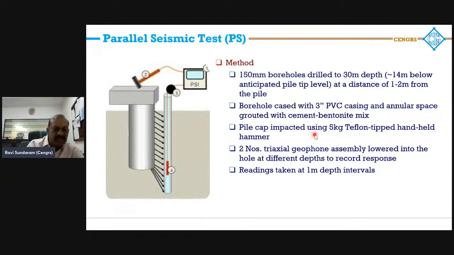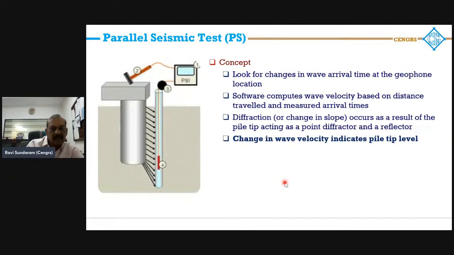The pile was impacted with a 5 kg handheld hammer, and two triaxial geophones were lowered into the hole at different depths. At 1 meter intervals, the readings were taken. So what you must do is look for changes in the wave arrival time.